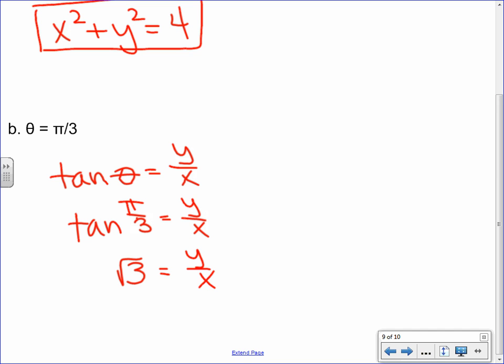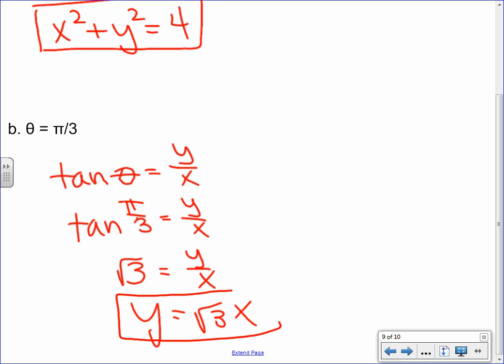So if I multiply x over, we have y equals radical 3 x. Do you want to graph a slope of radical 3? No. Graphing a line with an angle at pi over 3 is a little bit better.